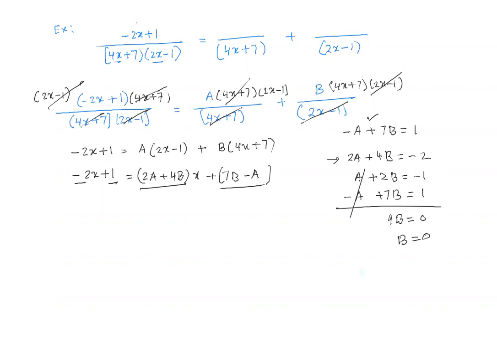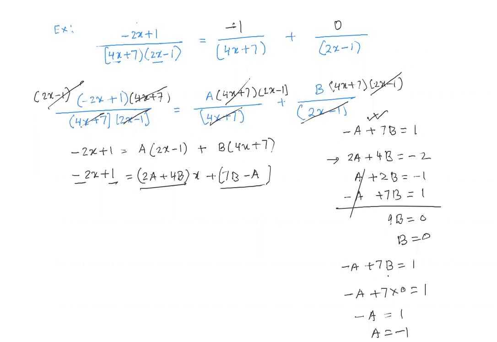So negative a plus 7b is equal to 1, and b is equal to 0 means negative a plus 7 times 0 is equal to 1, or negative a is equal to 1, or a is equal to -1. So a is going to be -1 and b is going to be 0.